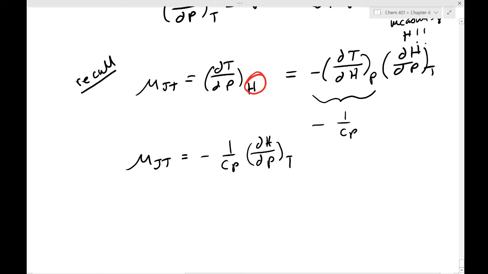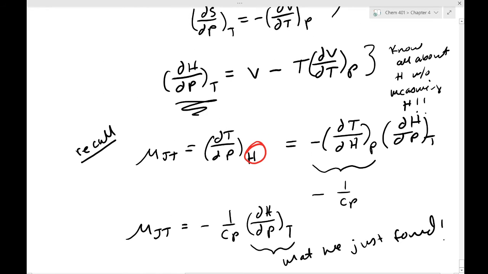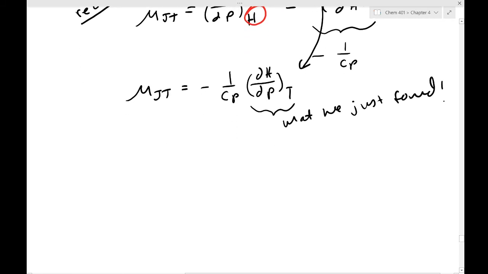This is what we just found above. So we can plug this whole bit down into here and express the Joule-Thomson coefficient like this.